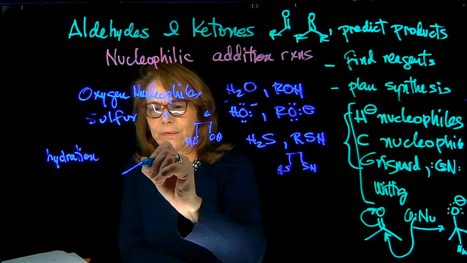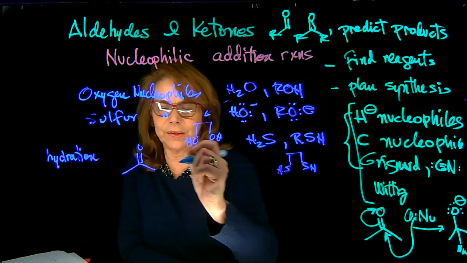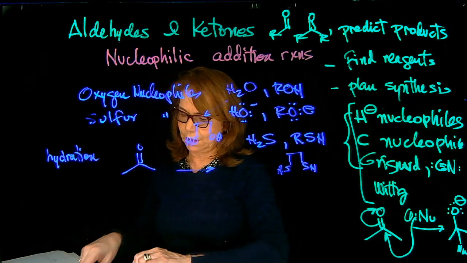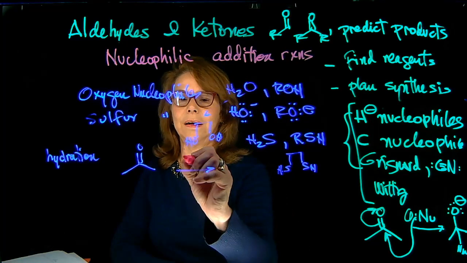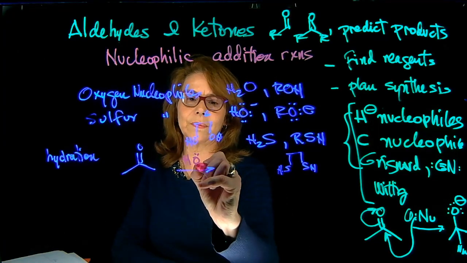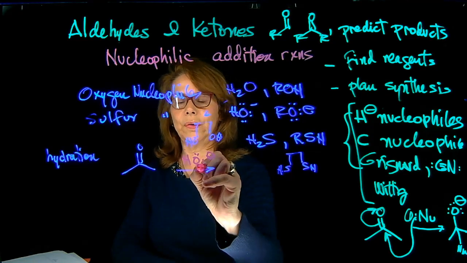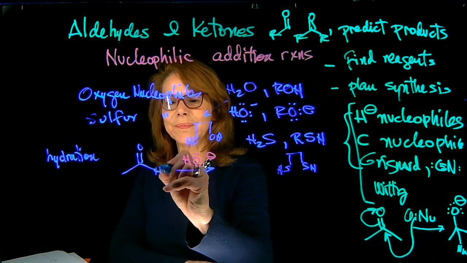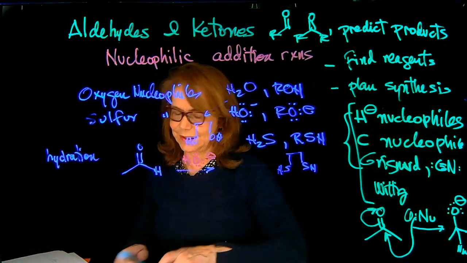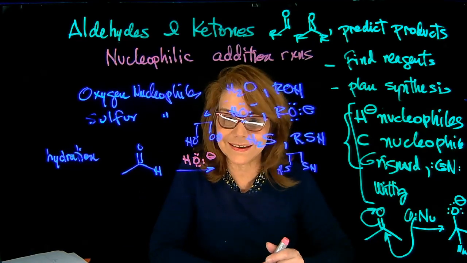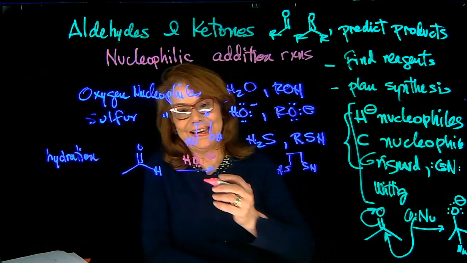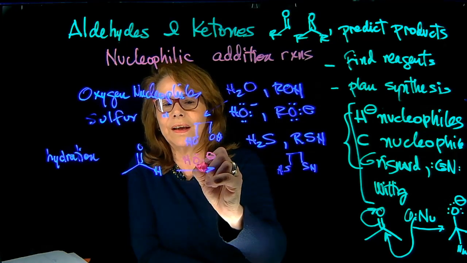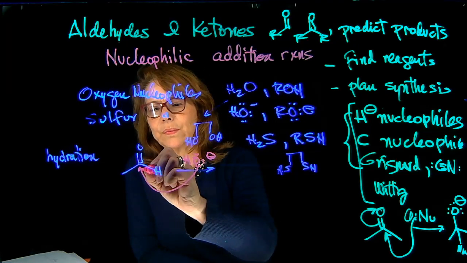Under basic conditions, hydration can happen by the nucleophilic attack of hydroxide. Here I'm going to make this an aldehyde better. So this is acetaldehyde. The reason for that is that aldehydes are more reactive than ketones, and in the equilibrium with the hydrate, there is more hydrate content for the aldehydes.